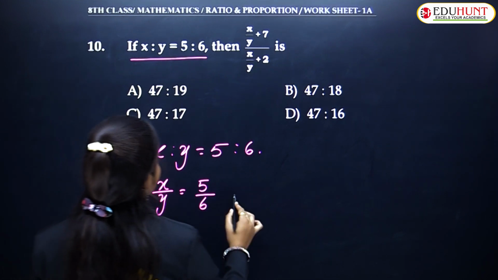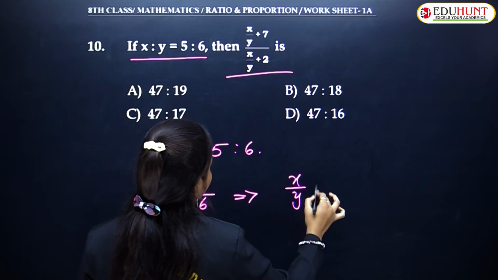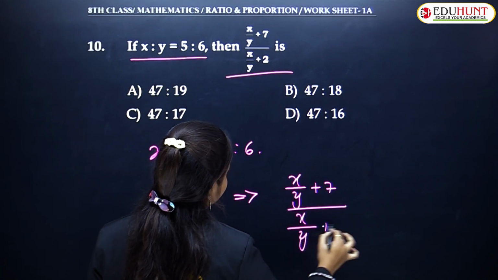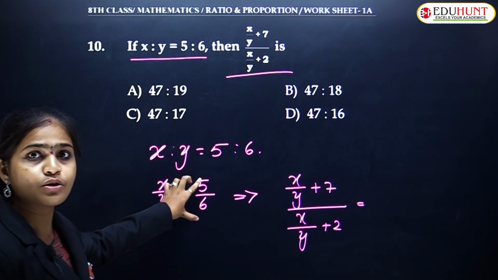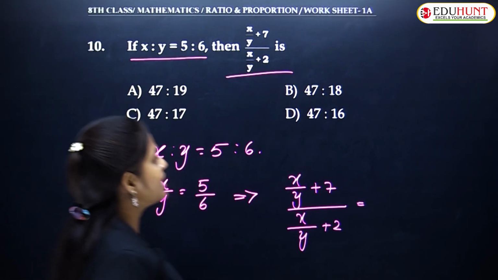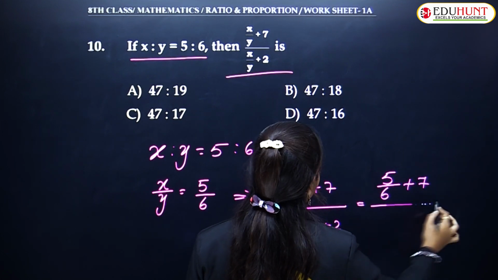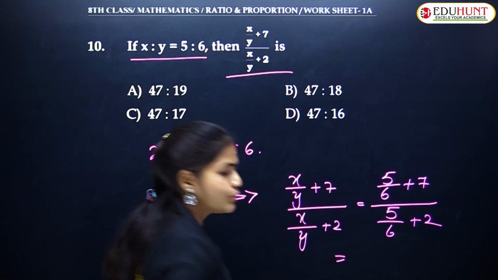So in this case, what do we need to find out? x by y plus 7 by x by y plus 2, which equals, just substitute the x by y value here. So x by y value is 5/6. So 5/6 plus 7 by 5/6 plus 2, which equals here.